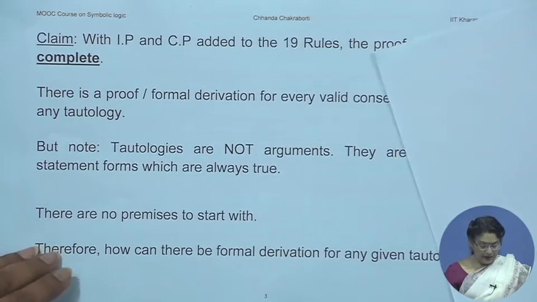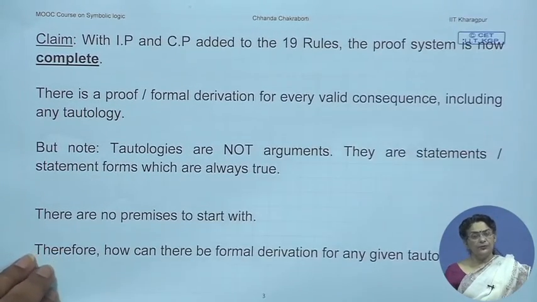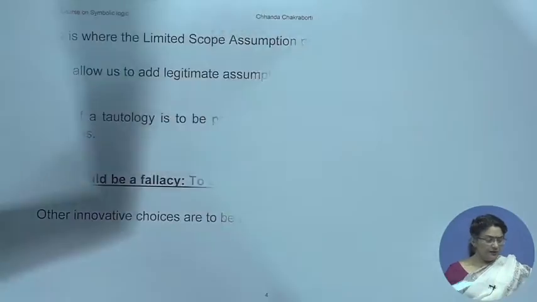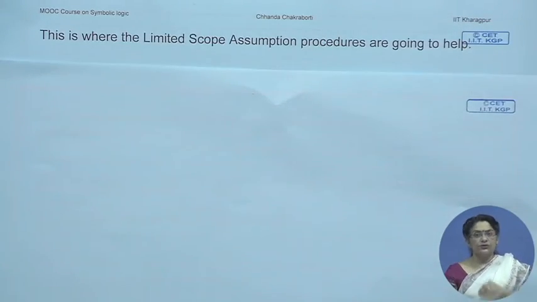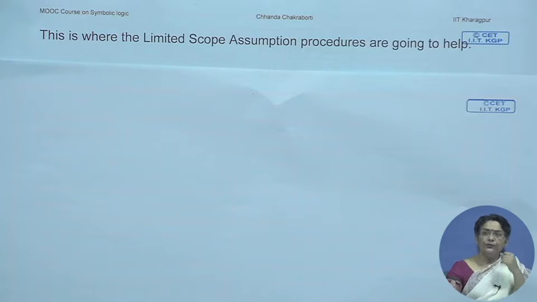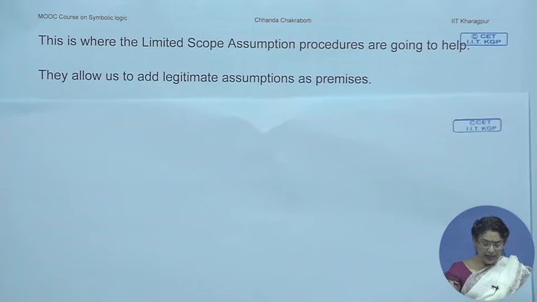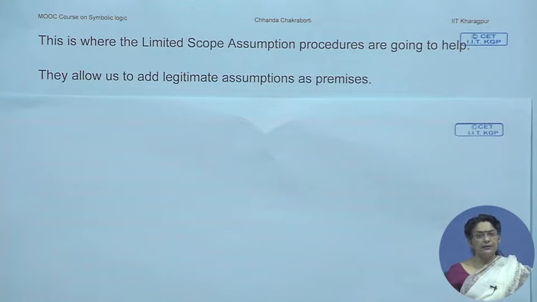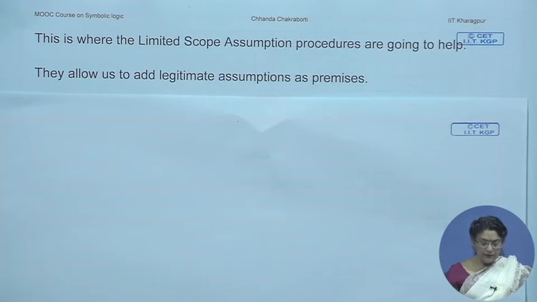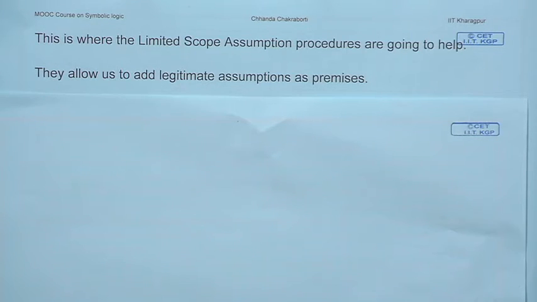And this is where I will remind you that what we now have are the limited scope assumption procedures, and they are going to help. How? Because these procedures allow us to add premises. So where there is no premise, if you follow these procedures, then you can generate premises which are going to be useful for proving that tautology. Did you get that?